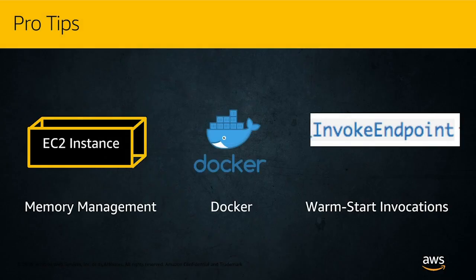All right, so some pro tips on multi-model endpoints in SageMaker. Number one is memory management, right? So SageMaker will absolutely, again, manage which models are actually sitting in memory on your endpoint, which models are sitting on disk, which models have been deleted.